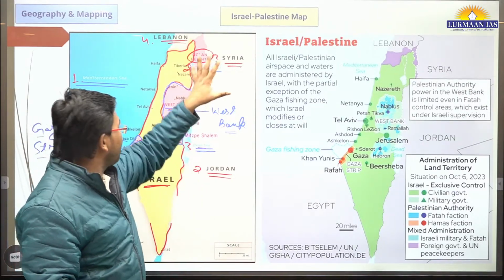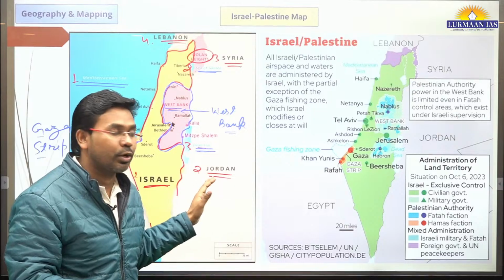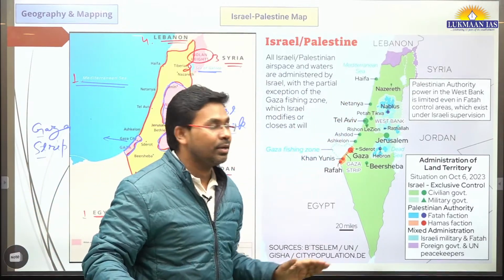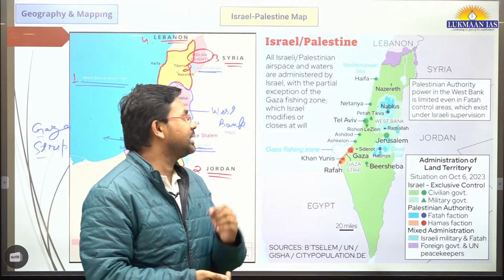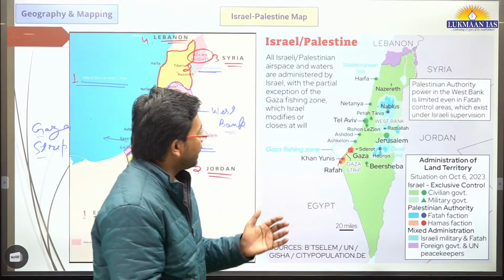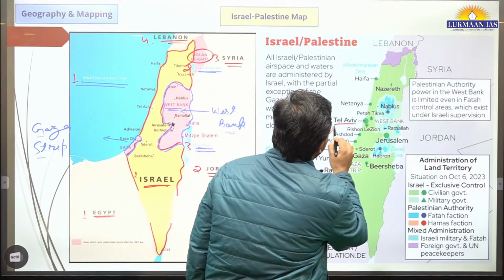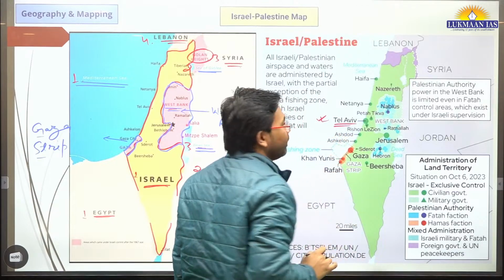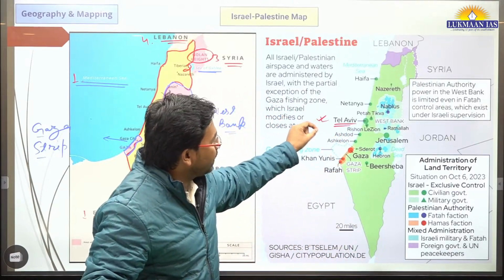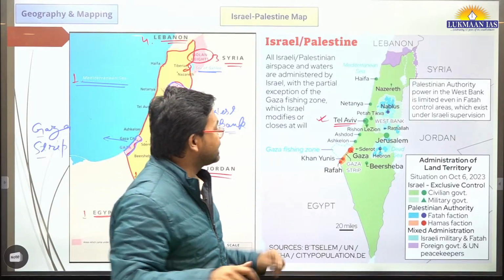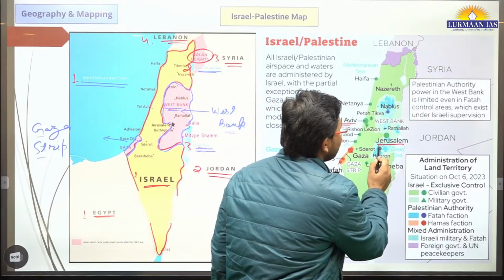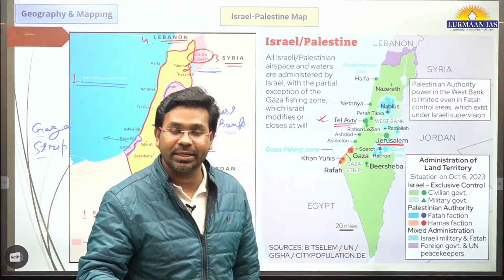Having understood this portion of the map, now let us understand the other portion of the map. Here it shows the capital of Israel. Where is the capital of Israel located? It is located in Tel Aviv. However, earlier Israel had its capital in Jerusalem, and Jerusalem is a highly contested region.